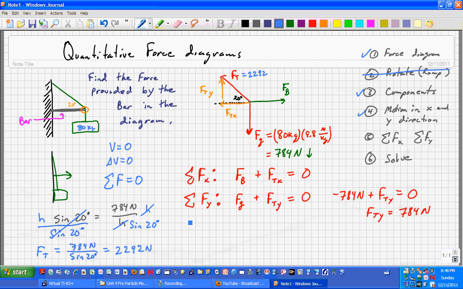So let's see here. F_t in the x direction is going to be equal to, that's the adjacent, so it's going to be cosine of 20 degrees.